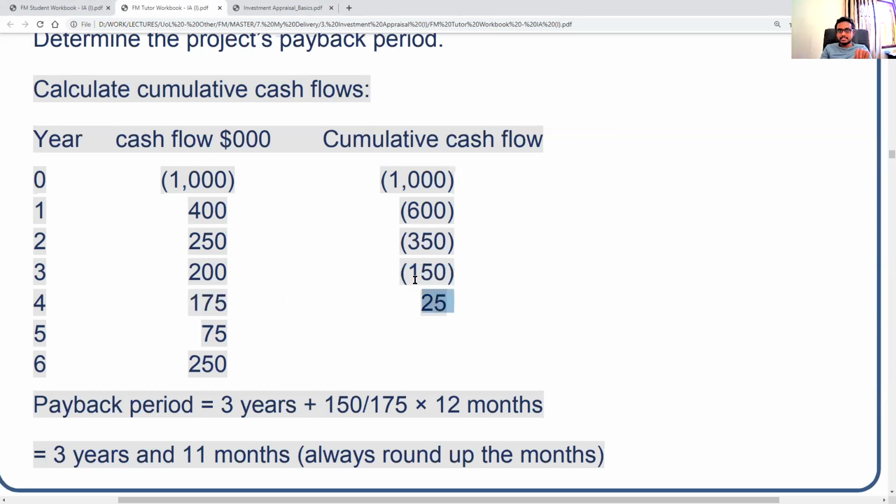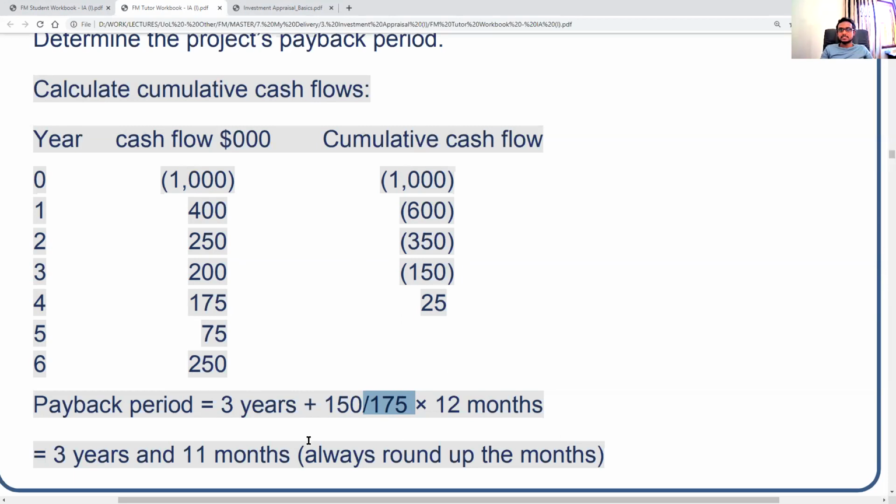So the final year where you have a negative cumulative cash flow gives the number of years, 3 years, and somewhere during the next year you've recovered your money. How much to recover? 150. Total, you're making 175 during that year. So 150 over 175 will give you the decimal. Into 12 months, you get the number of months.